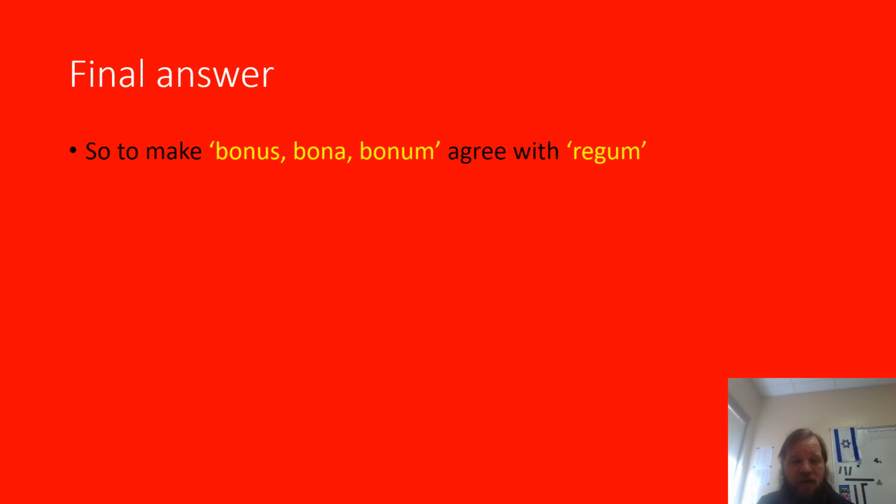So we take bonus, bona, bonum, regum, and we say regum bonorum. Regum is masculine, genitive, plural. Bonorum is masculine, genitive, plural. So we're good. Okay? And that's all there is to it. These are really not that complicated.